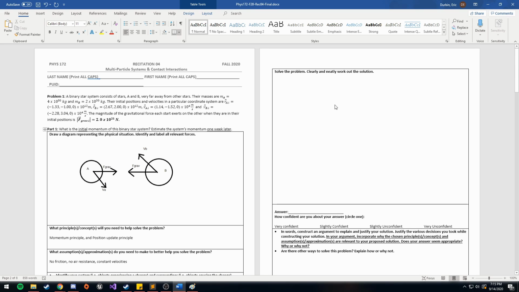Oh yeah. So what do you mean? Well, if you have two things spinning around each other, then their combined momentum would be 0 because they're opposites of each other. Okay. So initial momentum is 0.